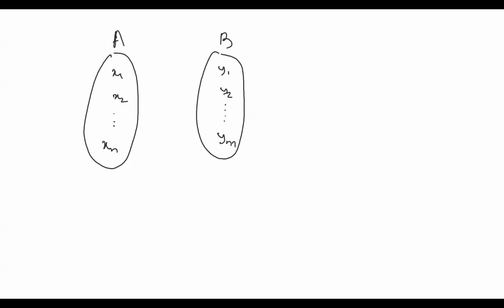If x1 is related to y1 and x1 is related to y2 also, this kind of scenario is possible, provided this is a relation. So what is the meaning of relation? One element can be associated with multiple other elements also.